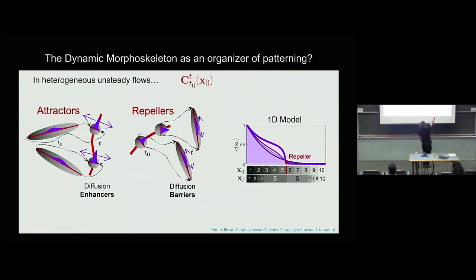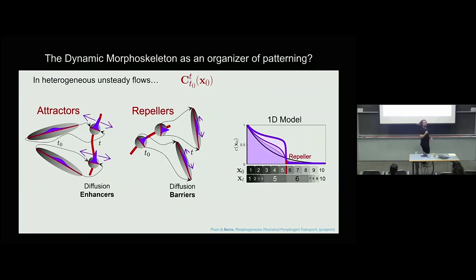If I turn off motion, what I recover after some time is this black curve, which is just an exponential decay, no motion. That's basically the stationary solution. But if I now turn on morphogenesis, the effect of this repeller is going to create a barrier to diffusion for increasing values of morphogenesis. So the stronger the deformation, the more I create this sharp barrier.